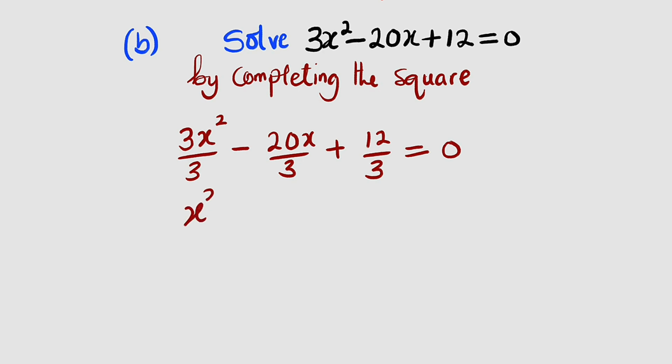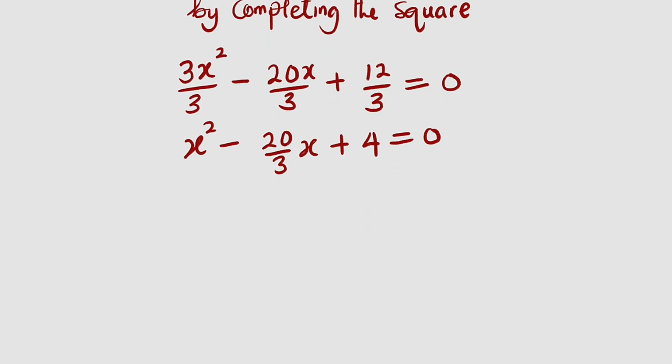This is x squared minus 20 divided by 3 x plus 12 divided by 3 is 4. This is equal to 0. Next step, we are going to take the constant term to the right hand side. So we have x squared minus 20 divided by 3 x, we're going to leave a space for a number. This is equal to negative 4.